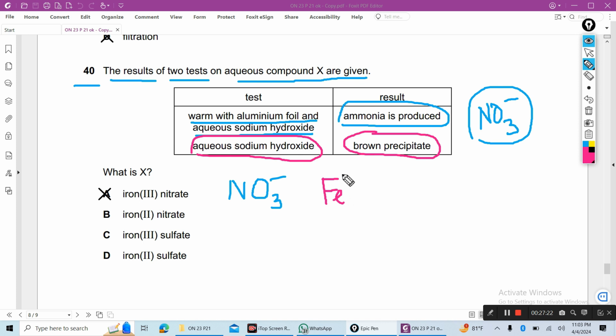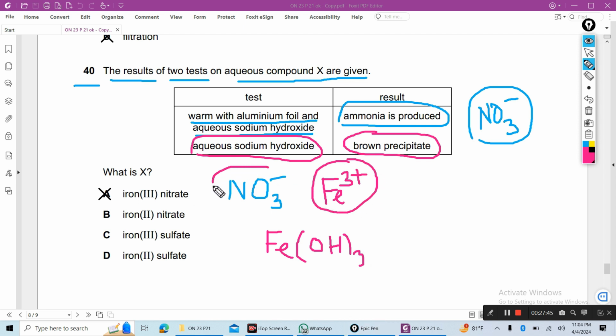Iron(III) hydroxide is brown. So here the cation is iron(III), the anion is nitrate, X will be iron(III) nitrate. Answer will be A, iron(III) nitrate.